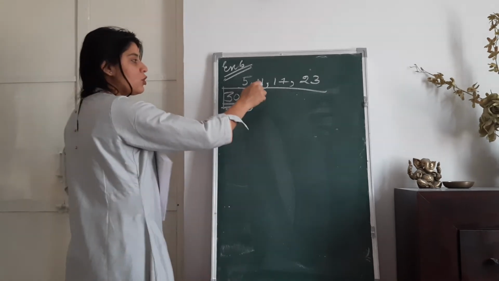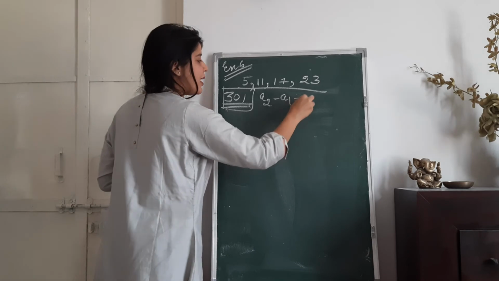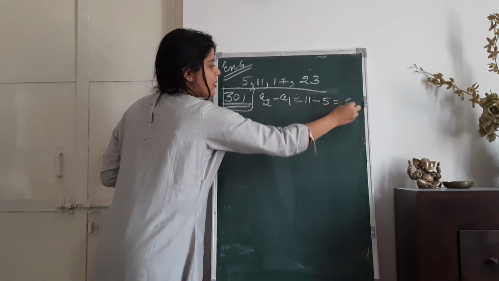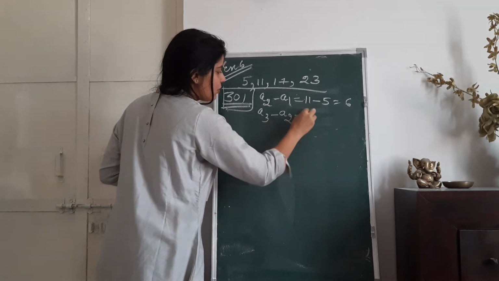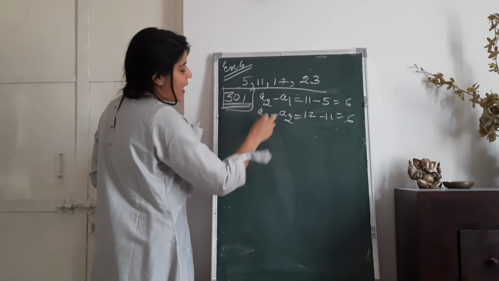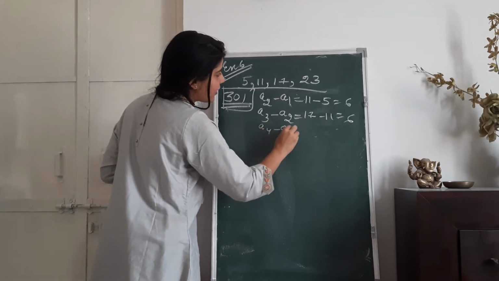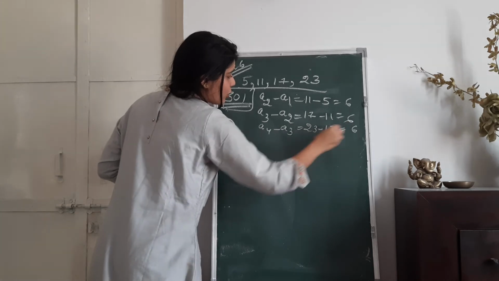For that, what we'll do: A2 minus A1, which is 11 minus 5, 6. A3 minus A2, 17 minus 11, 6. And A4 minus A3, 23 minus 17, which is also equal to 6.